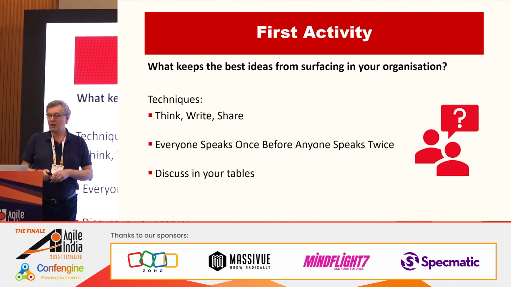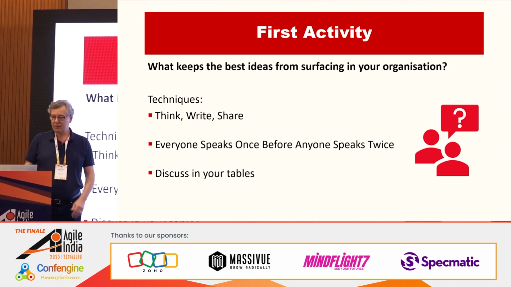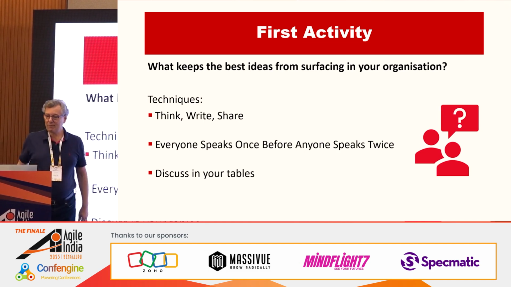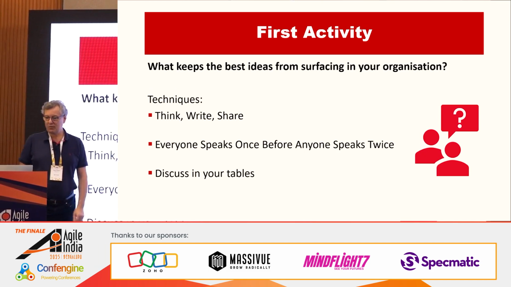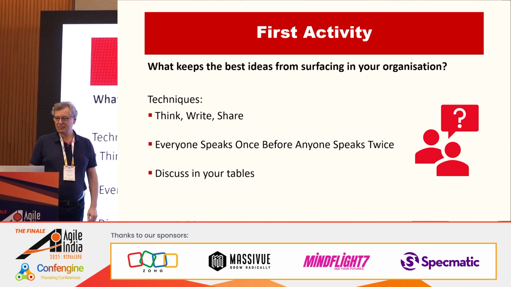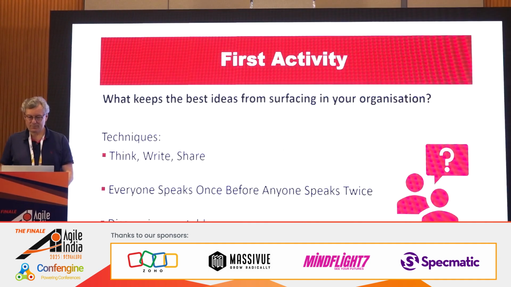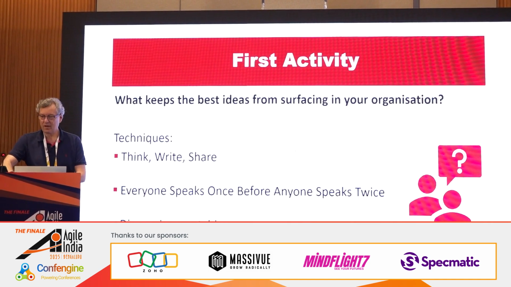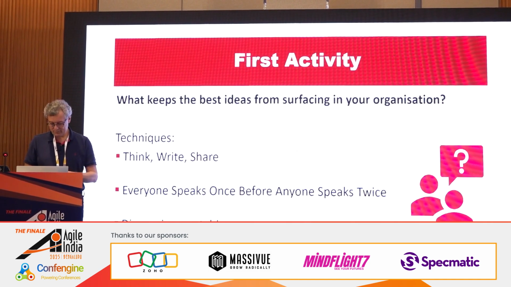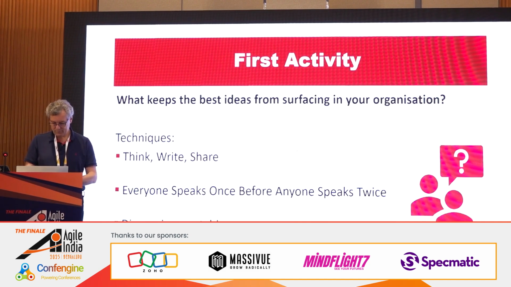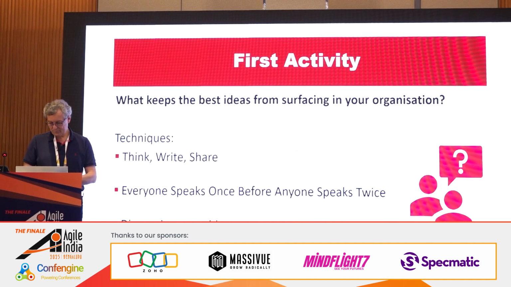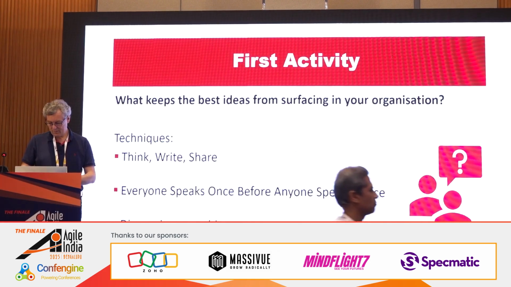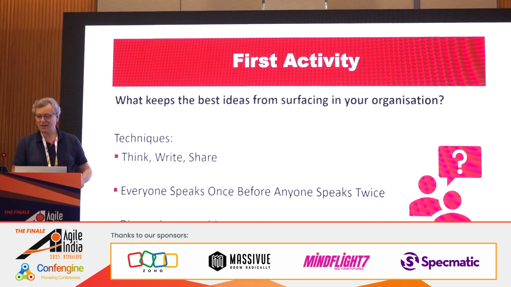So what I'd like you to do is to stop, think for a minute, contemplate it in your head, then after a minute, write down what keeps the best ideas from surfacing in your organization. Give you another 30 seconds of thinking.